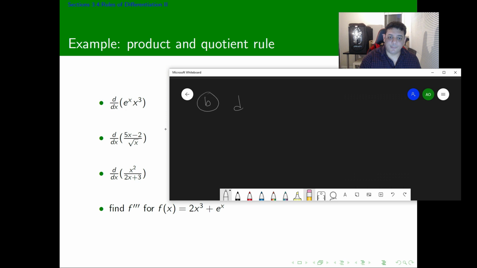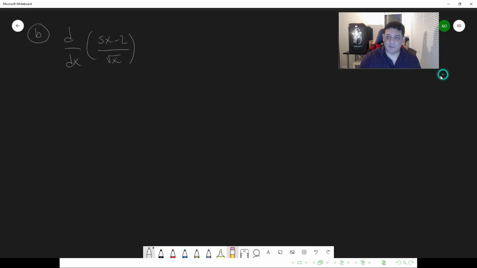Now the second example is a quotient rule. Again, if we want to play with powers, it's going to be much easier. So I can transform the square root as x to the 1/2. Okay, and now apply the quotient rule. So notice I'm going to go for the quotient rule directly.